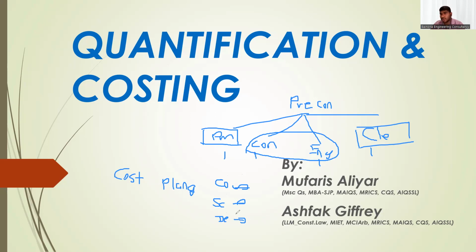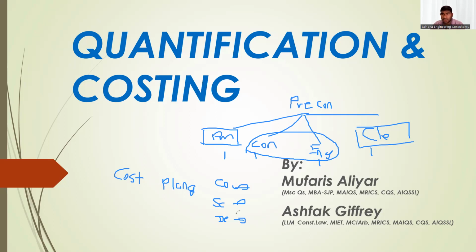If there is a client QS and no project manager, the client QS will look into the consultant's cost report and see where the consultant made wrong prices. For example, per square meter of plaster, normally let's say 35 dirham. But the consultant must know the technicality of that plaster. If this plaster should be watertight plaster, they have to make it with some admixture.